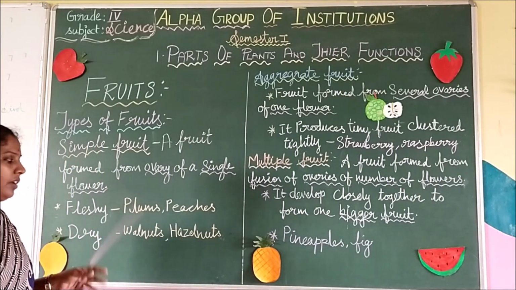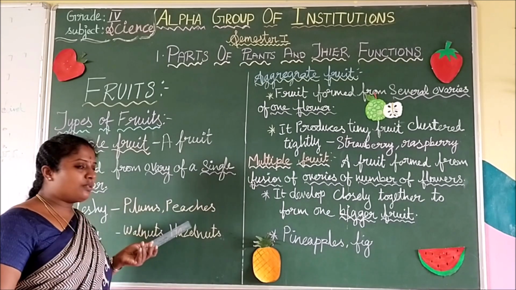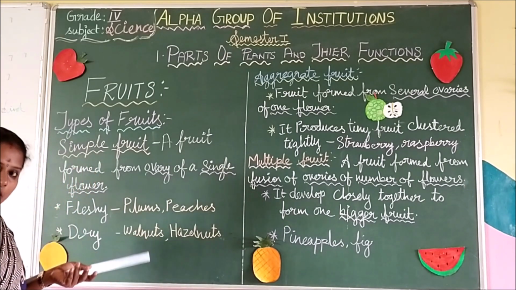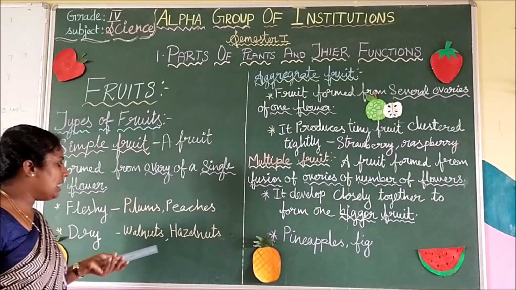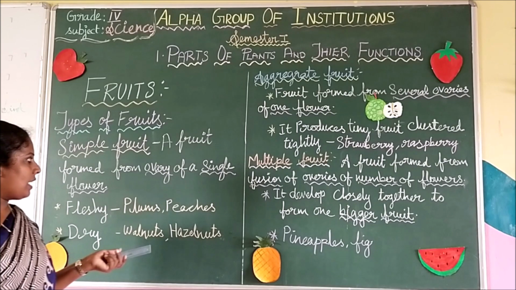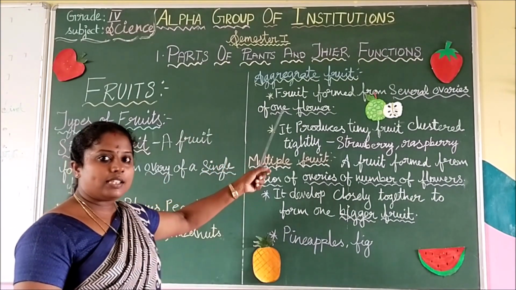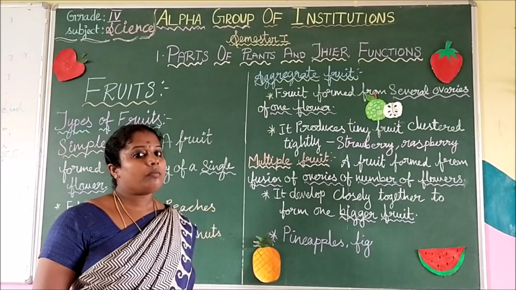These are the examples. Now we'll see the next category, that is aggregate fruit.